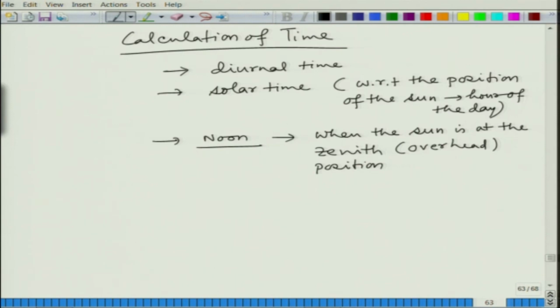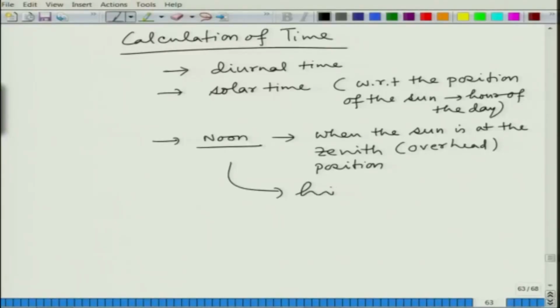Okay. So, for a particular day, you will see that the sun starts from the horizon in the east and goes up in the sky, right, and then goes down again towards the horizon. That is how the sun moves apparently.